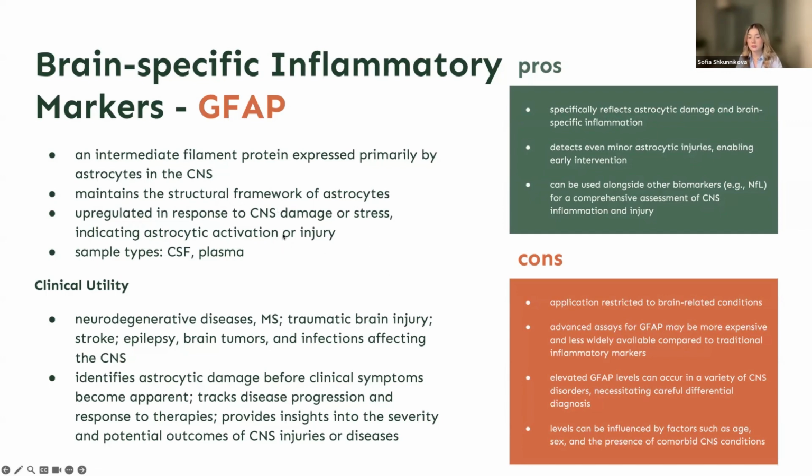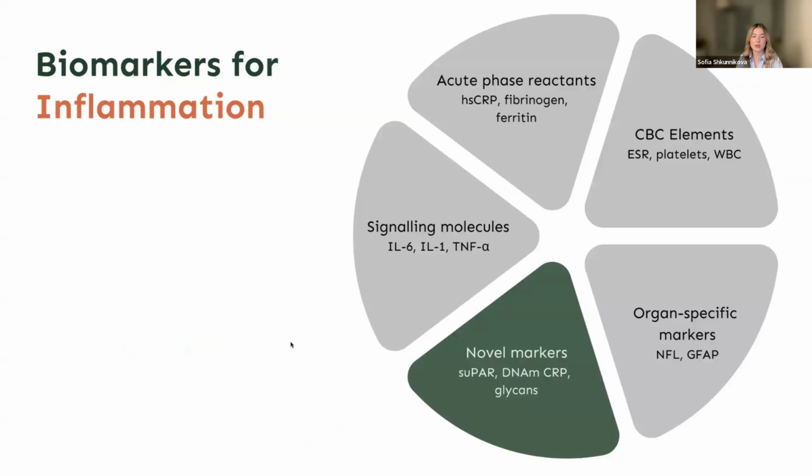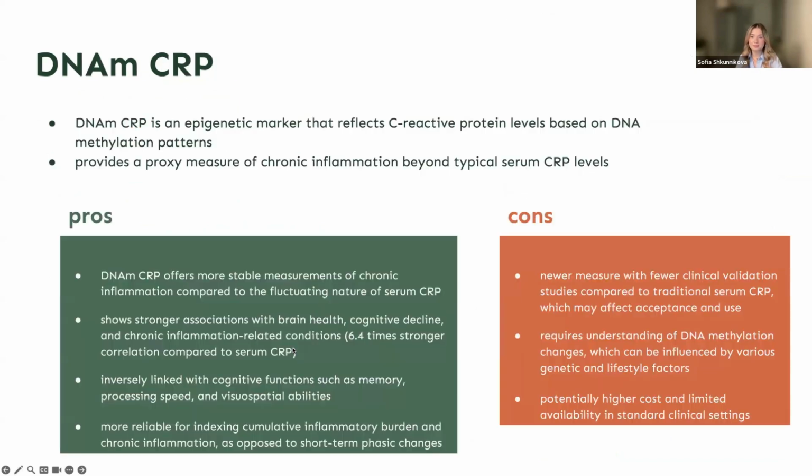It is measured in a very similar way as the NFL, but again, it is indicative of neuronal or brain inflammation, and it cannot give us enough information about the systemic state of our immune system. And now we'll be moving on to the novel markers such as suPAR, DNAm CRP, and glycans.